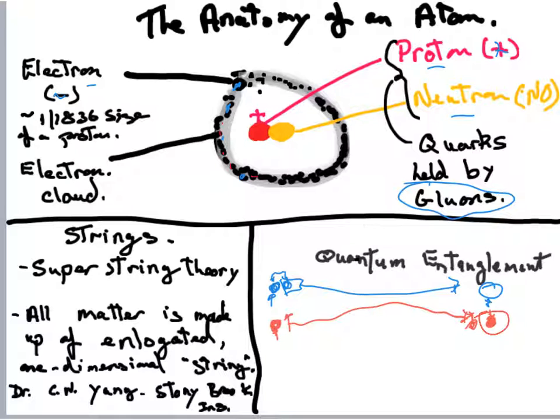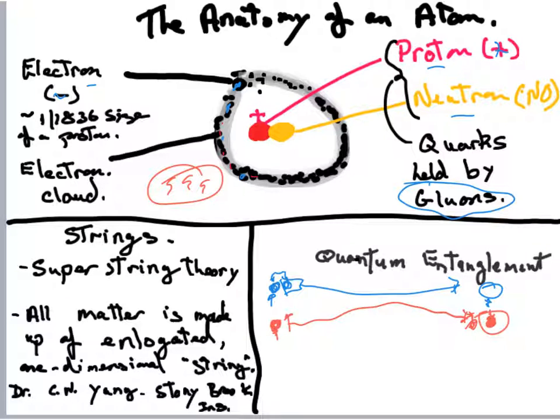So some people think that matter is made up of little strings of energy. So if you take a picture of a proton or a neutron or electron and you go smaller and smaller and even smaller, eventually you're going to find strings of energy.